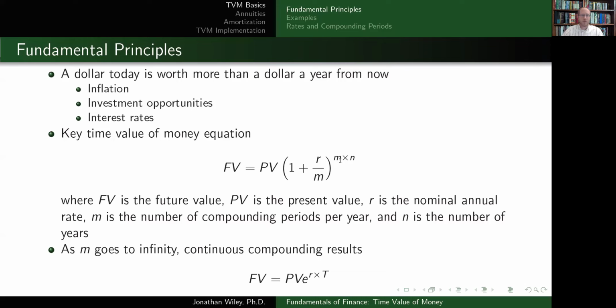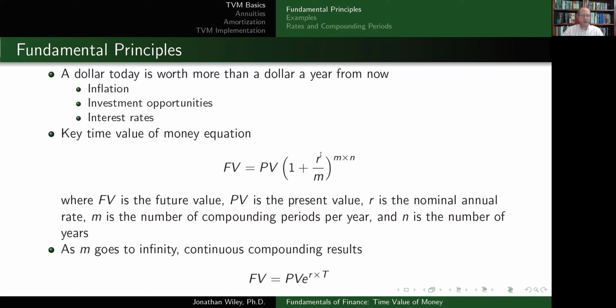And if I multiply those together, it's going to tell me the total number of periods. And here's why. There's 2 semi-annual periods per year. Then I multiply times the number of years to get to the total number of periods. So significantly, what I wind up with is a rate per period inside the parentheses that is linked to a length of time that matches the number of periods.